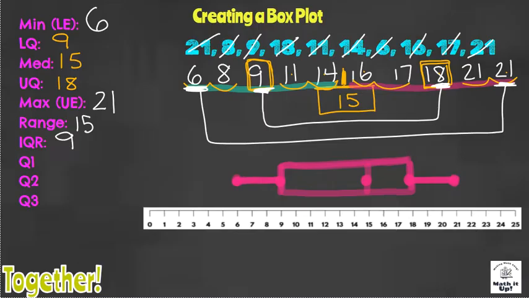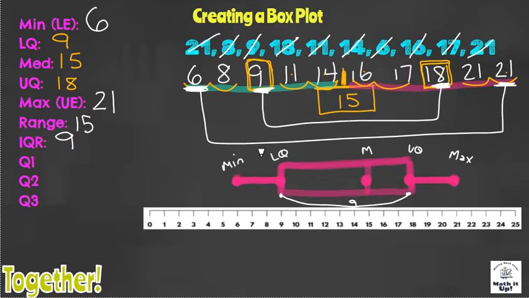And again, we can go through. This is our minimum or our lower extreme. This is our lower quartile. This is our median. This is our upper quartile. And this is our maximum or our upper extreme. We know if we were to go from here to here, that range is going to be the IQR, interquartile range.